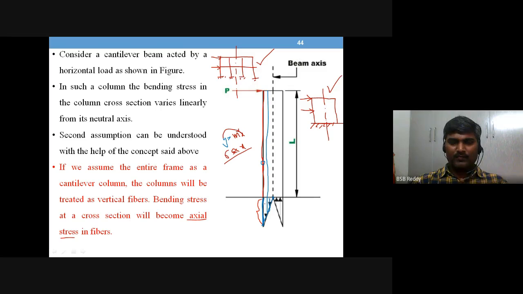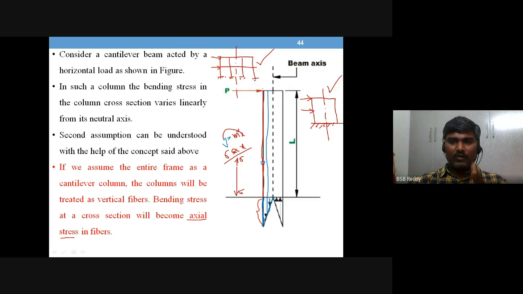For the cantilever it is bending stress, but for that column, say the line is a column, it is axial stress, sigma.